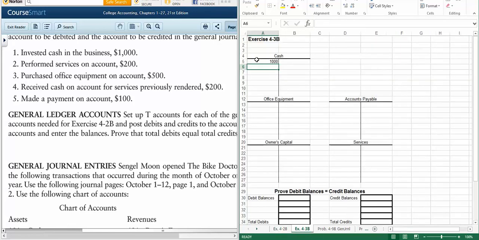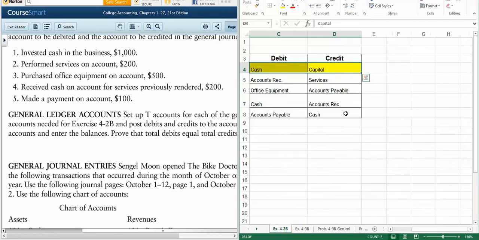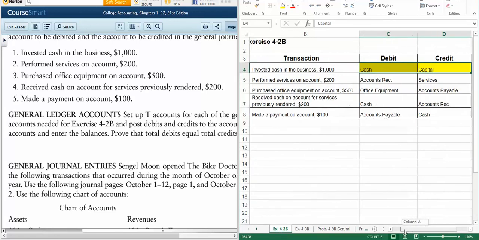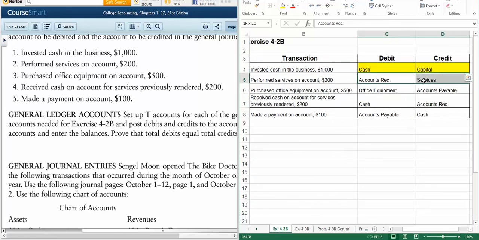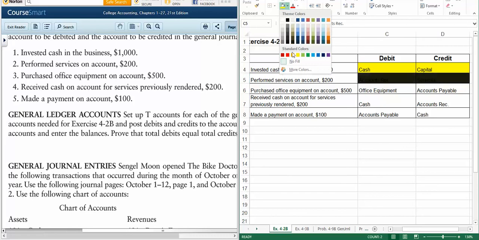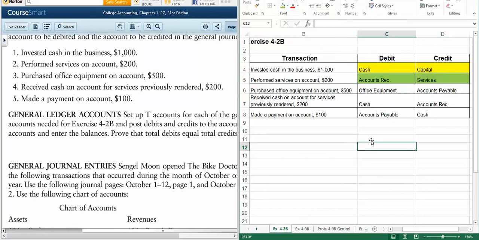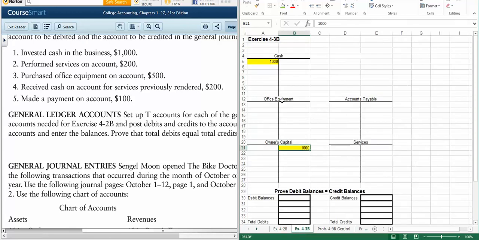So I'm going to color code it for a minute just so you guys can get a feel of what we're going to be doing. So there's the first transaction. The second, we performed services on account. So I'm going to put a different color. We need to do a debit for $200 to accounts receivable. And that account is not there, so let me add it in real quick.